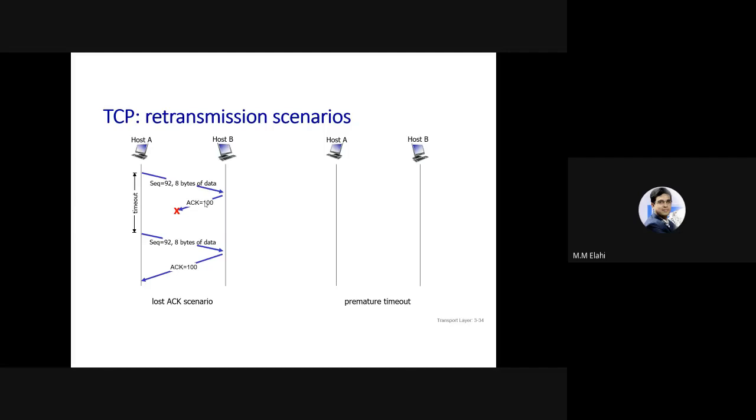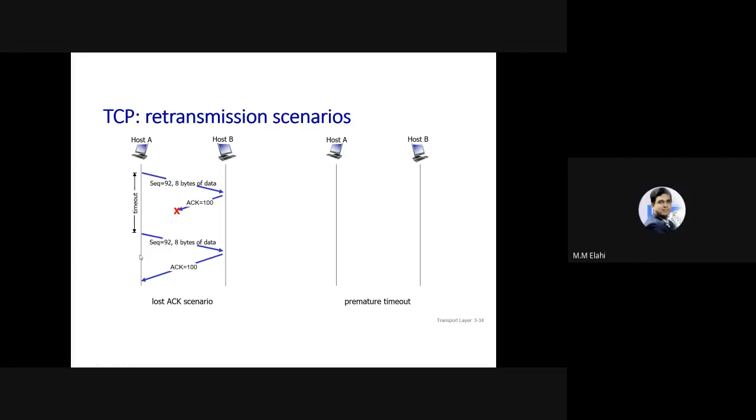Now, what can happen? The timeout can be smaller. Maybe the acknowledgement is not lost. In this case also, as we made the lost acknowledgement scenario, we can make a lost data scenario. Lost data scenario means that instead of the acknowledgement, the data itself is lost. Is there any difference in the case of the sender? No, sir.